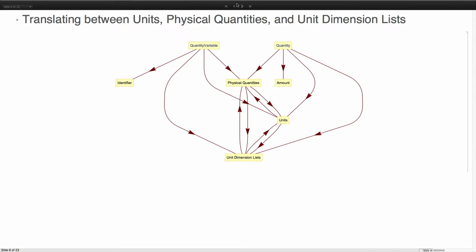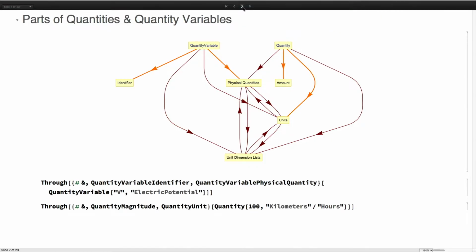But we also have a lot of functions for translating between quantity variables, quantities, and these unit dimension lists. So how do we do that? The easy parts are just getting the parts: finding the magnitude of a quantity, and the unit. We have dedicated functions, QuantityMagnitude and QuantityUnit.